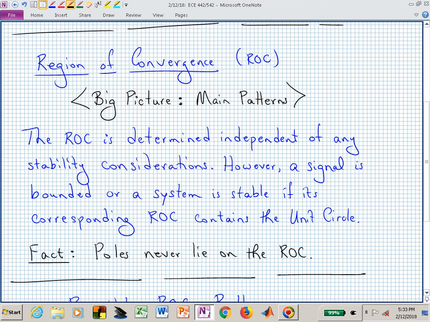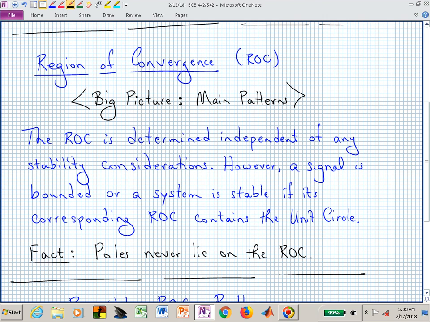However, a signal is bounded or a system is stable if its corresponding region of convergence contains the unit circle. You'll find that this region of convergence is some area in the Z-plane.